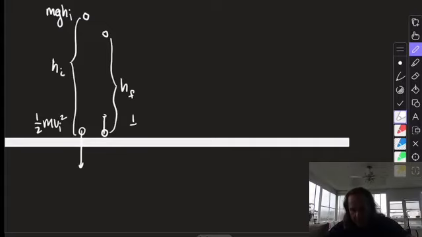And then when it recoils, 1/2 mv_f squared will reach mgh_f. So it sounds like a collision problem, but it's really not. It's an energy problem. And it looks like you can do this entire lab with a meter stick.